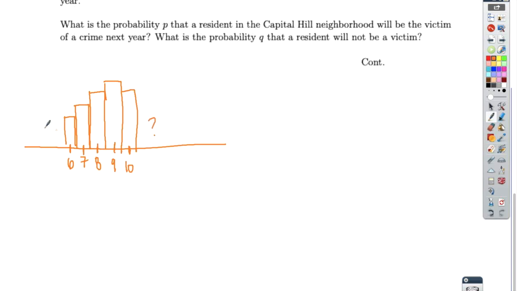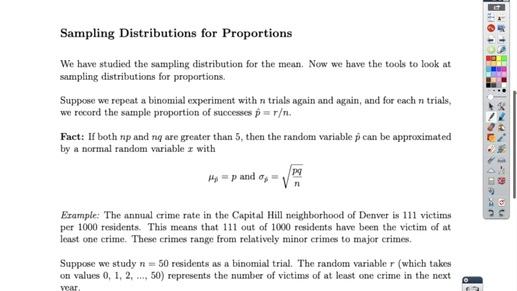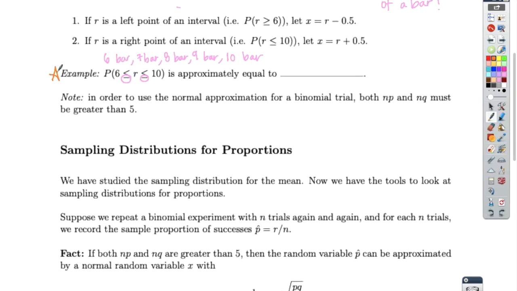Now, who knows what's on this side? I don't really care. I know that in this particular example, it's asking me to find the areas of all the bars from 6 to 10. And this means that I want to include the bar at 6, right? And then less than or equal to 10, so I want to include the bar above 10.